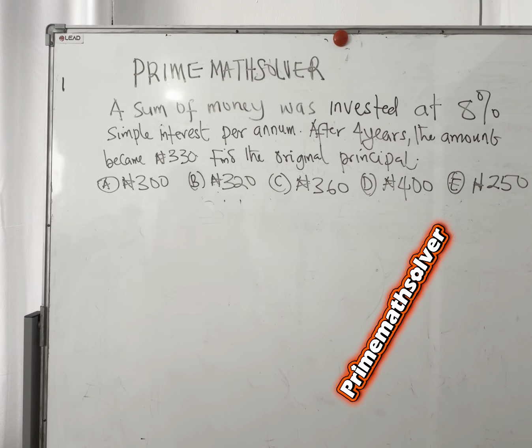Hi. So you have a question like this on the board that talks about principal, rate, time, and also amount. I'm going to teach you two different methods.